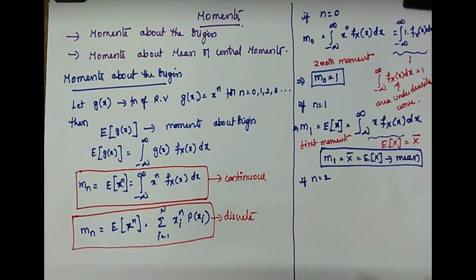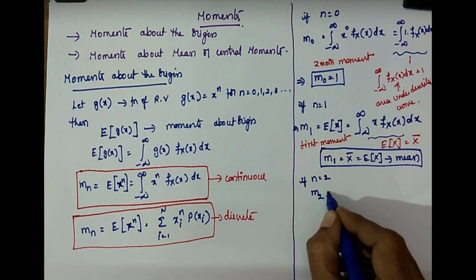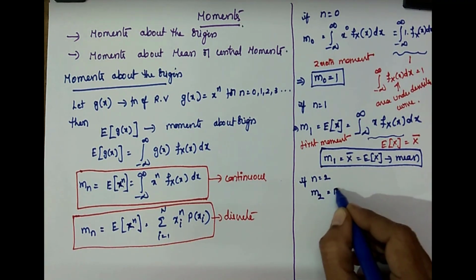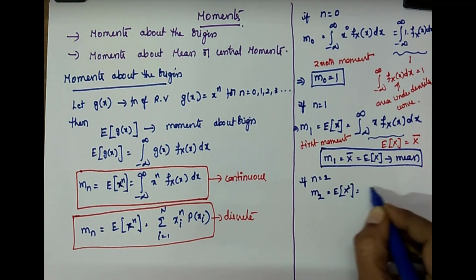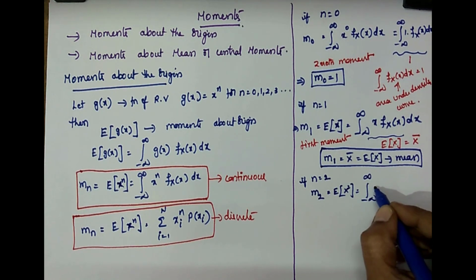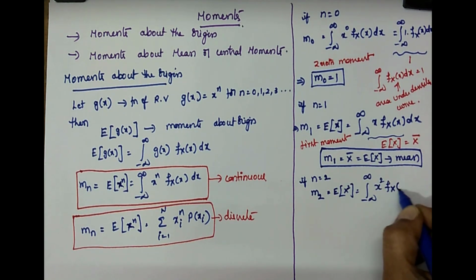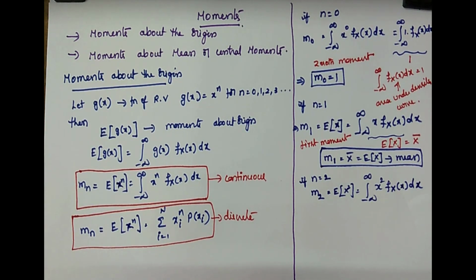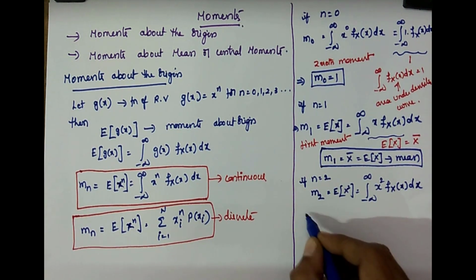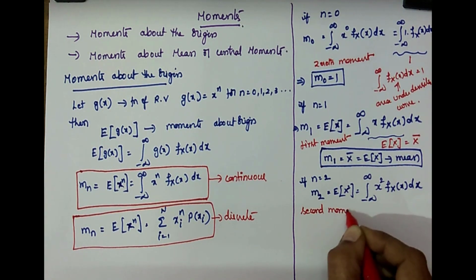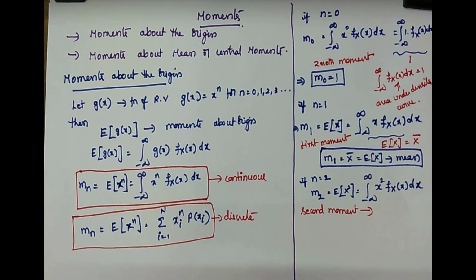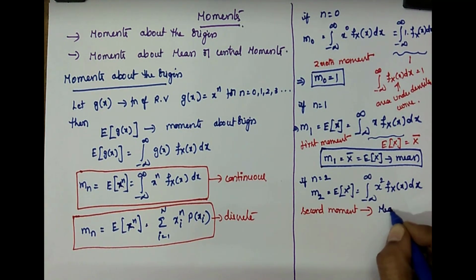Now take n equal to 2. So you get m_2, which is E of x square, the integral from minus infinity to infinity of x square fX of x dx. This is called the second moment, and its name is the mean square value.